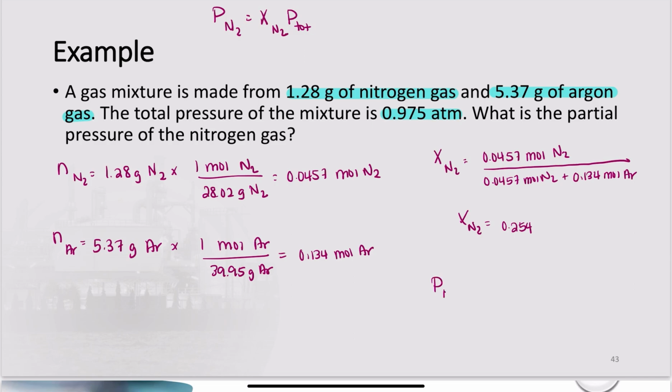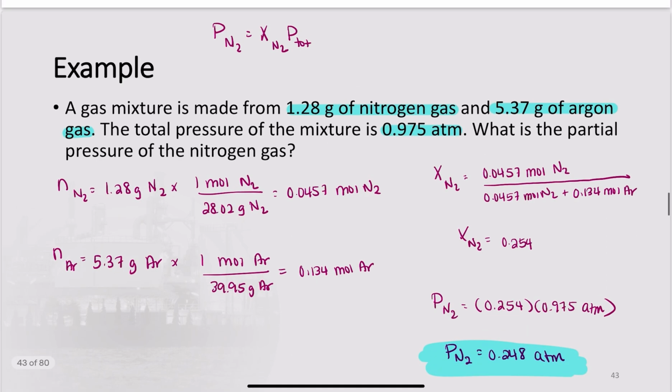So the partial pressure of N2, it's about 25% nitrogen, 0.254 times 0.975 atmosphere gives me 0.248 atmosphere.